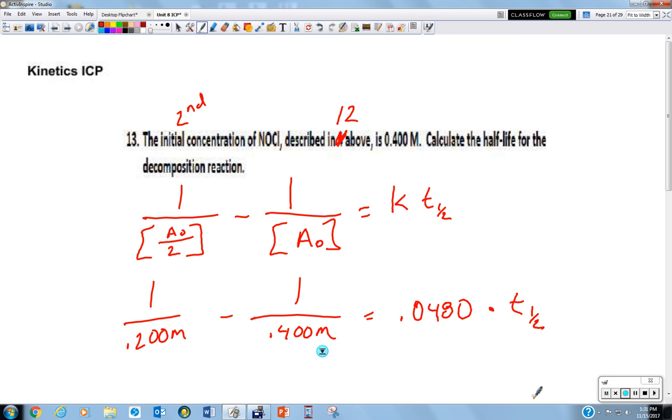So you're just solving for T 1/2 in that one. Does that make sense?